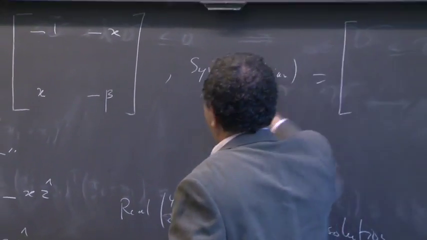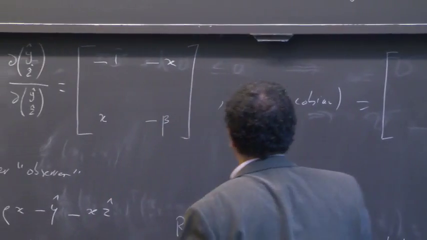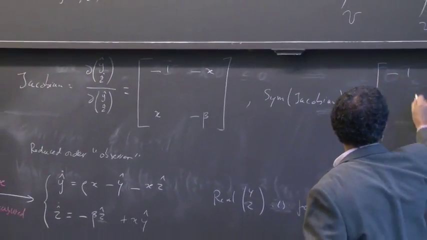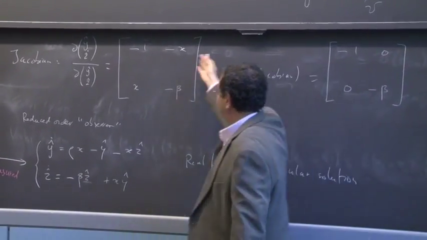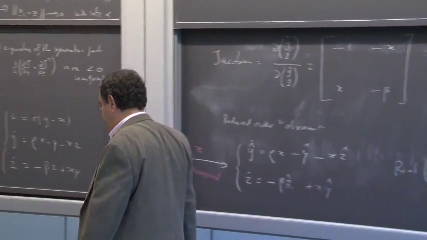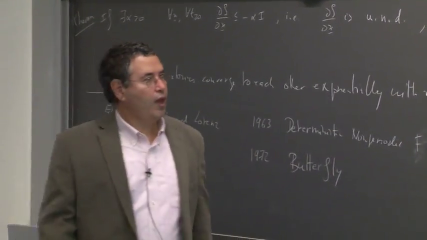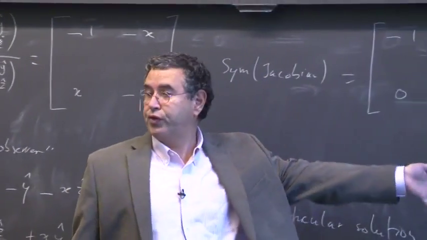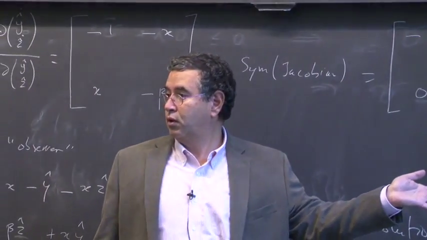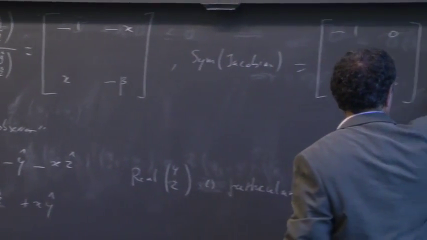Well, we see that pleasantly this x and minus x, which were the only thing making it a little difficult, disappear. It's not entirely surprising because after all it came from the Navier-Stokes equations and so on. Okay, so the symmetric part is just this, right? And therefore, it is negative definite, right?